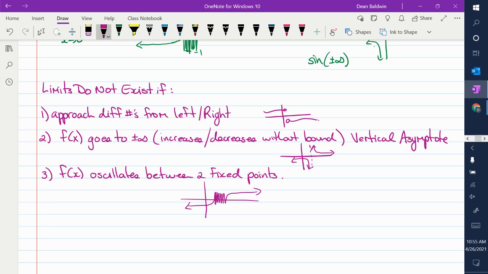If you have any of those things, the limit does not exist. That is your answer. You can write "does not exist" on a test, and I will be fine with that.